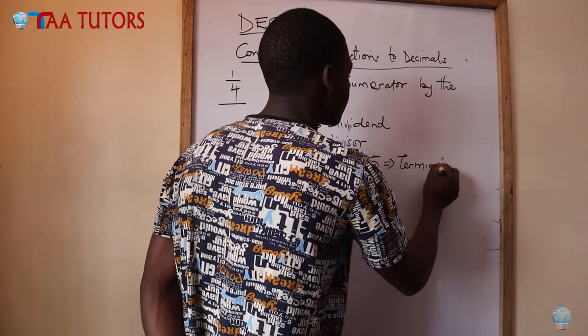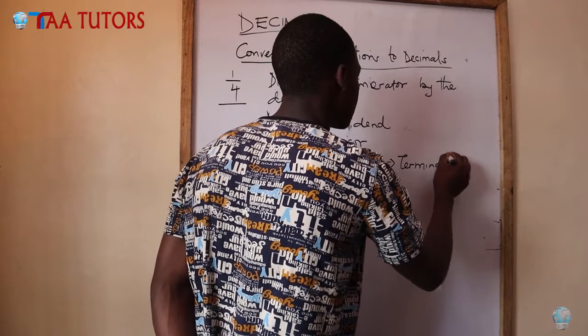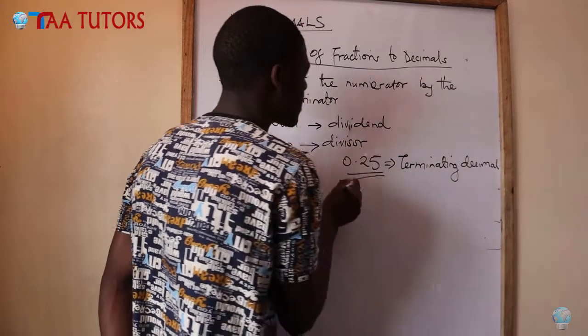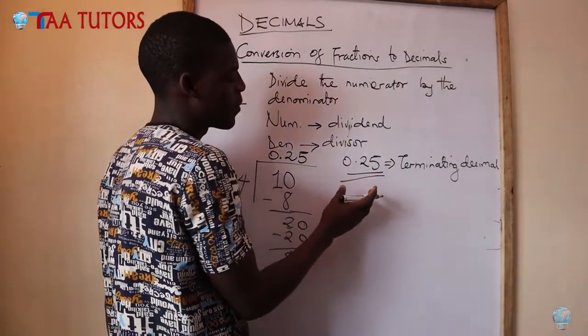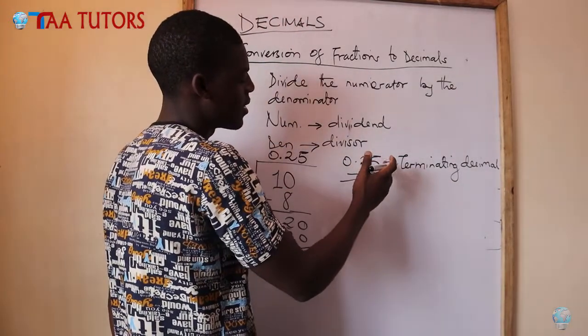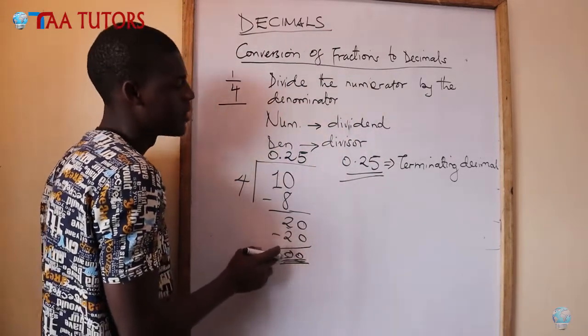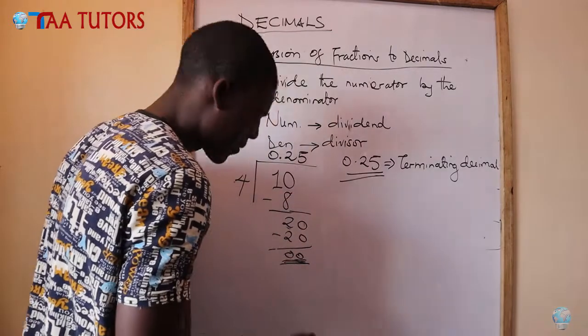It is a kind of a decimal where we are reaching a point that the difference we are getting there becomes 0.